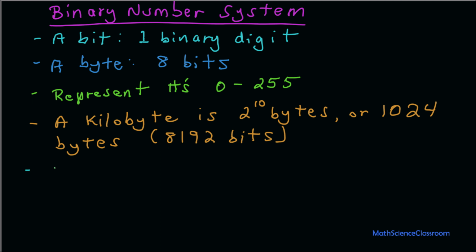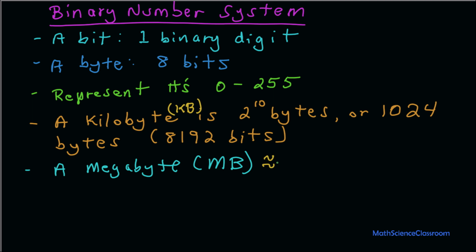And the next, a megabyte. So a megabyte is MB, and a kilobyte is KB. A megabyte is approximately 1 million bytes.